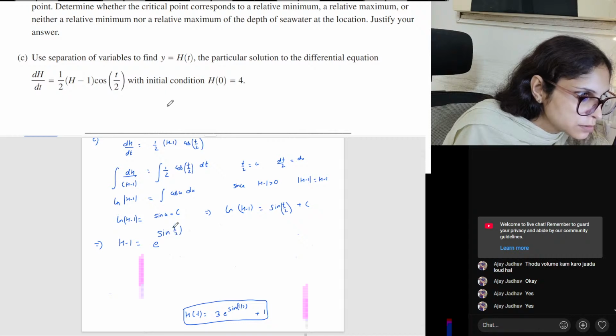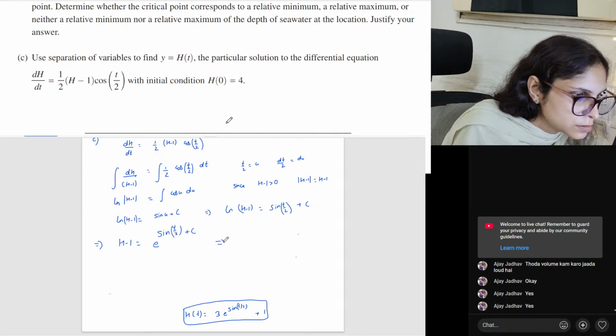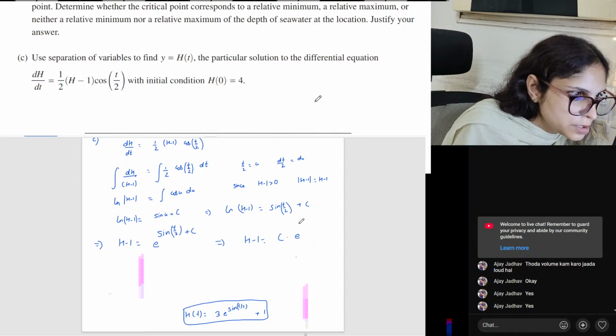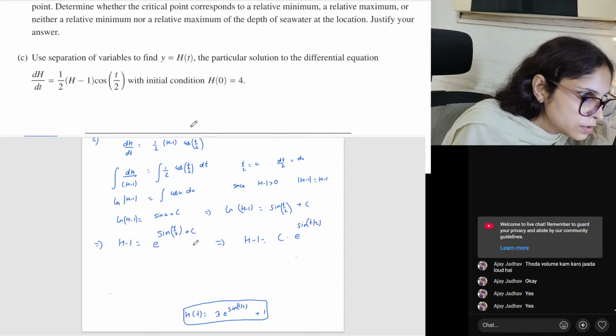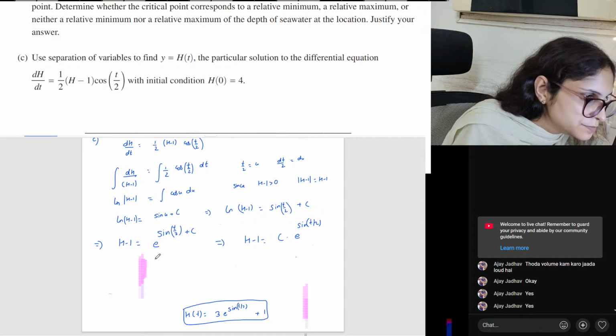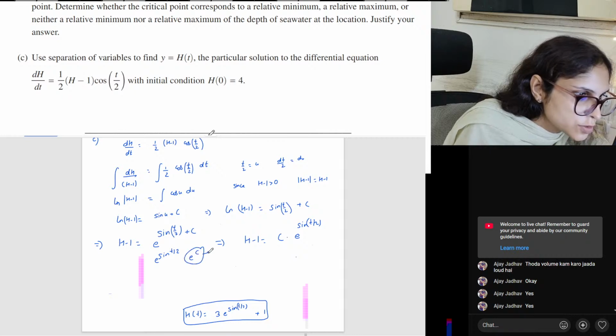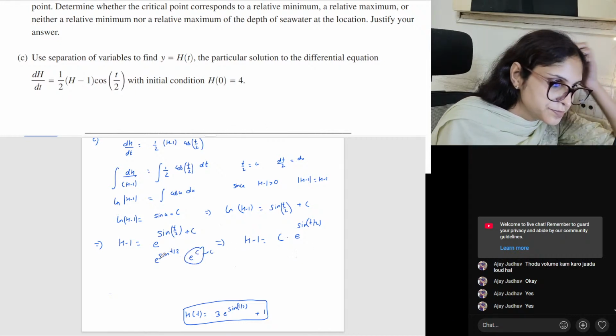That would be h minus 1 is equal to c times e to the power sine(t over 2), because this is also a constant, so I can replace it with c.